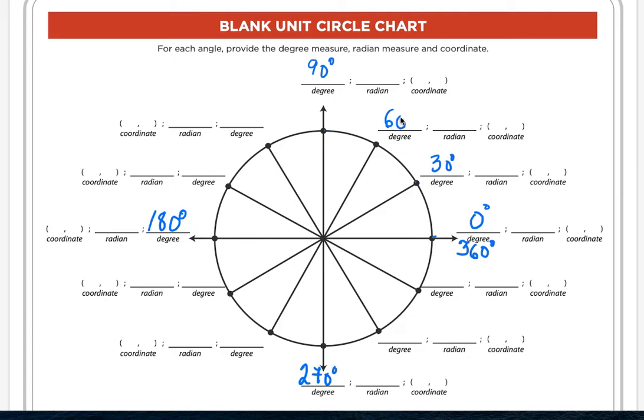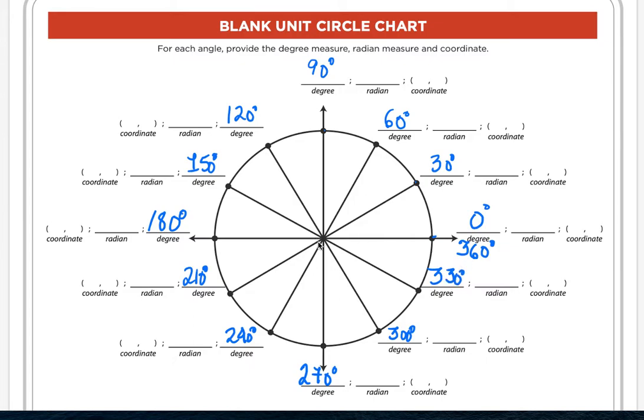That gives me 60. Add 30, there's my 90 again. Add 30, that's 120. Add 30, that's 150 degrees. And then now I'm back at 180. Add another 30, that's 210 degrees. Add another 30, 240. Another 30, there's 300. And then I get 330 right here.